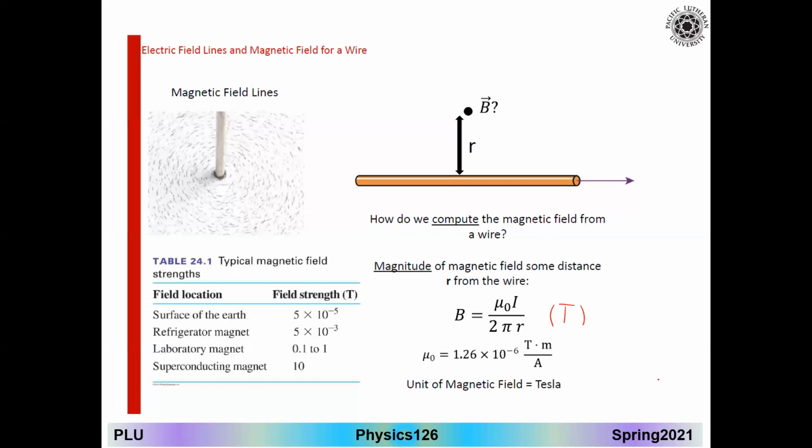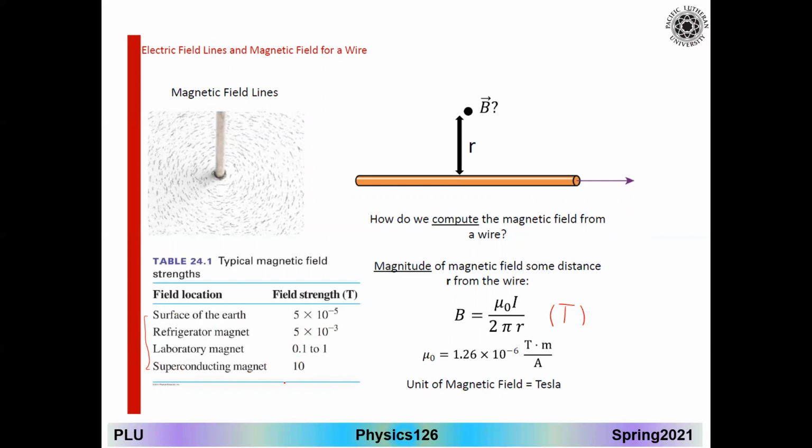The interesting thing about the Tesla is that real values of magnetic field are very small. If you look at a superconducting magnet, which has a very huge magnetic field, it is no more than 10 Tesla.